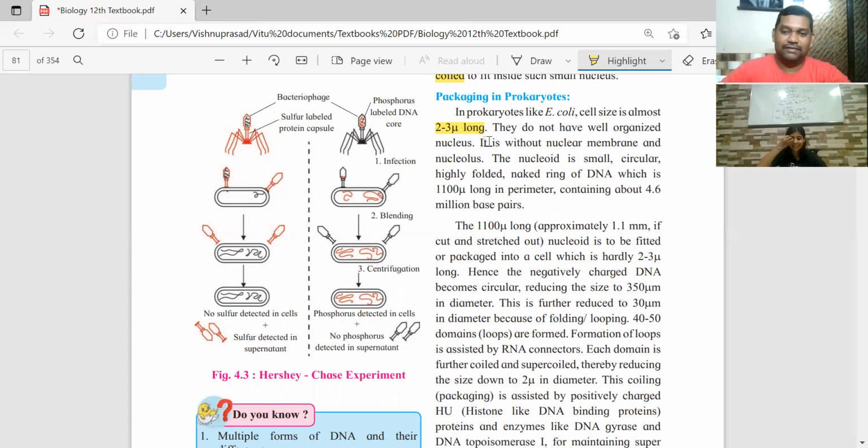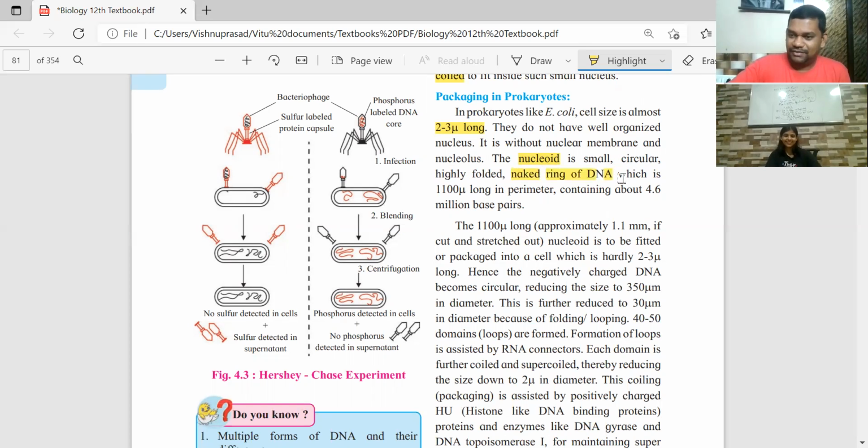And you know very well it doesn't have a proper well-defined nucleus. That's why we use the word nucleoid. In that nuclear matter, or the nucleoid, which is there in the cytoplasm, there is a naked ring of DNA present.